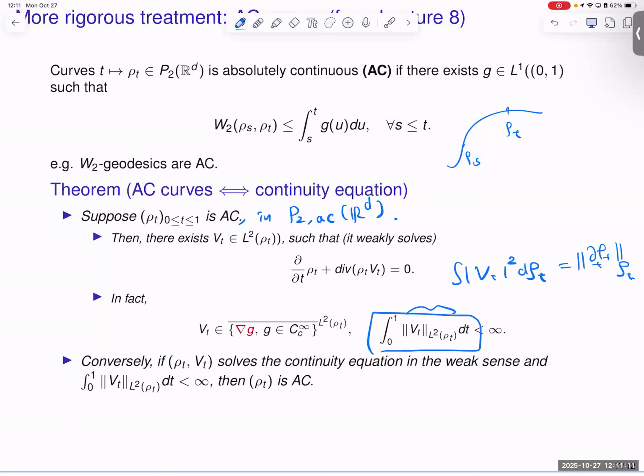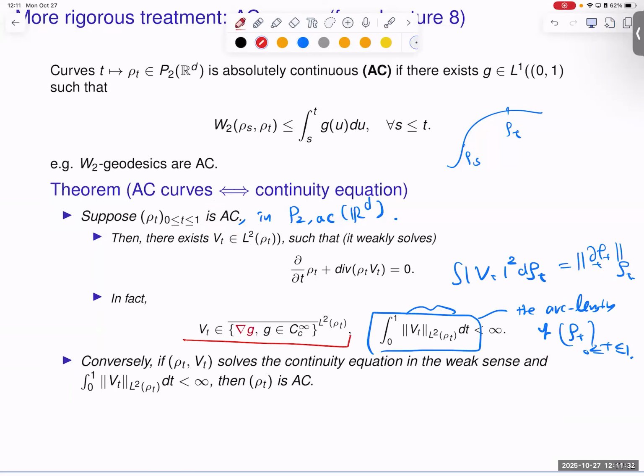So this thing corresponds to the arc length. And that arc length is finite, of course, for an absolutely continuous curve. And this is the important part: there are many representatives for such a velocity through this continuity equation. You may have many different vector fields, but remember, there's a unique minimizer, right, given by the gradient of some function.